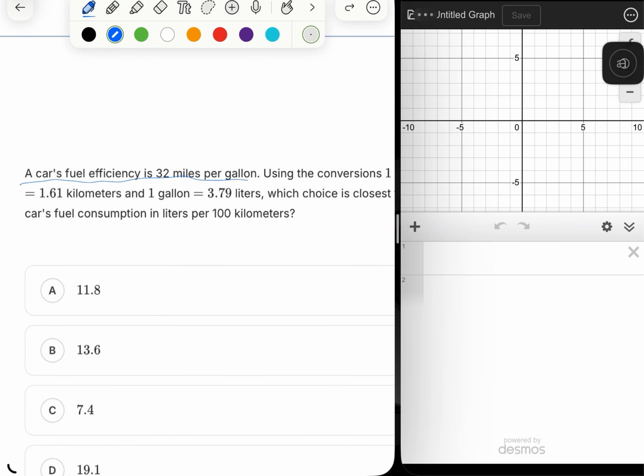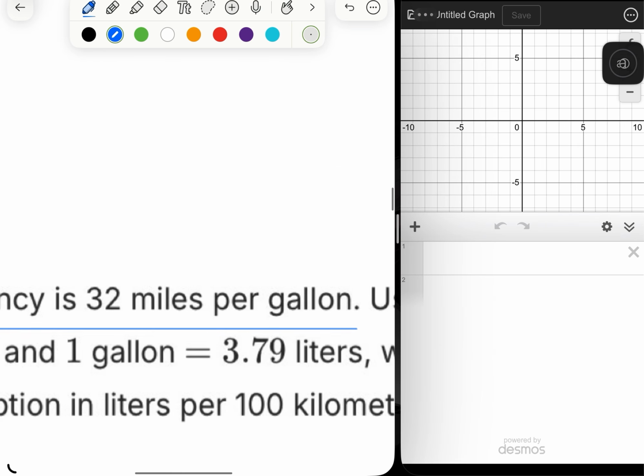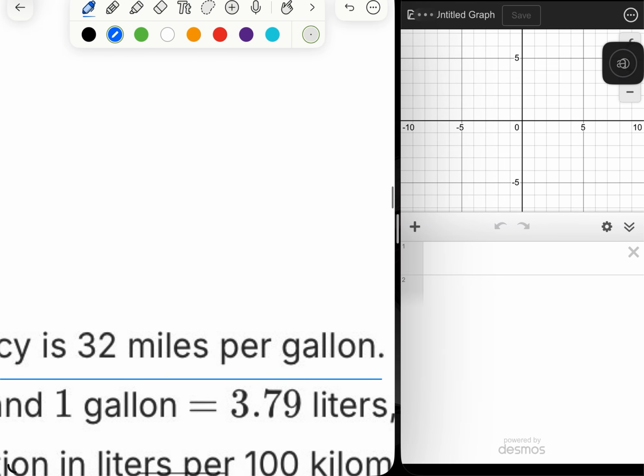So they tell us that the fuel efficiency is 32 miles per gallon, right? Your goal for these unit conversion problems is to convert every given information into a ratio. So here, 32 miles per gallon, you can write that as a ratio: 32 miles over 1 gallon.